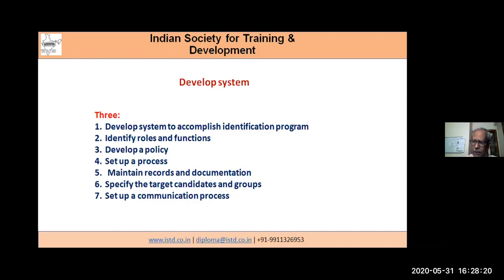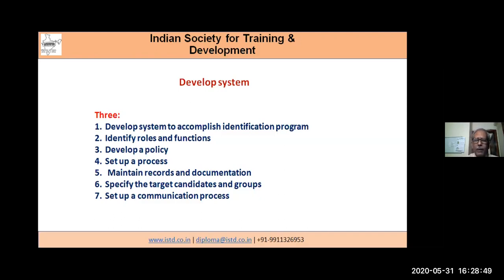You have to develop a system in terms of the length of service, the experience, the qualification, the qualities, the potential appraisal, competency mapping. That system has to be followed. Otherwise, if somebody does any identification program or development program without any system, that's not going to give a really good result.